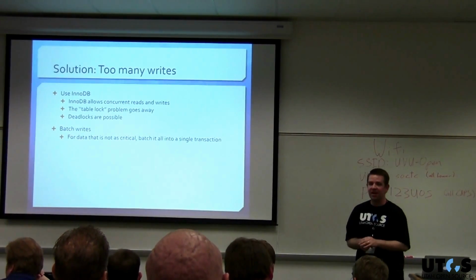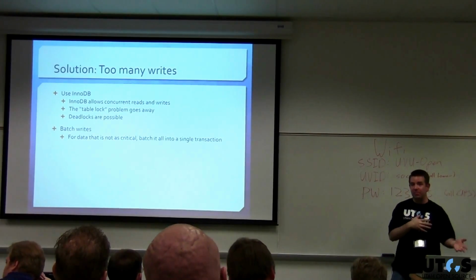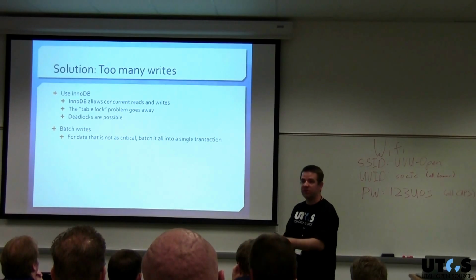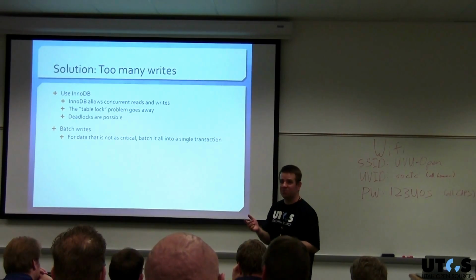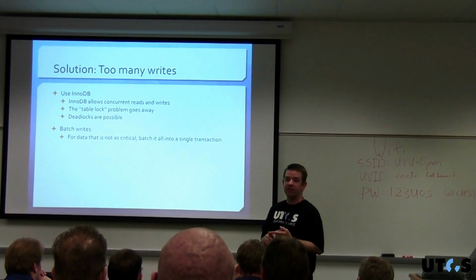So, yeah. Anything you can do to batch those into a single transaction, so that you can update a whole bunch of rows all at once. MySQL has some great tools for batch loading data, even doing batch updates.